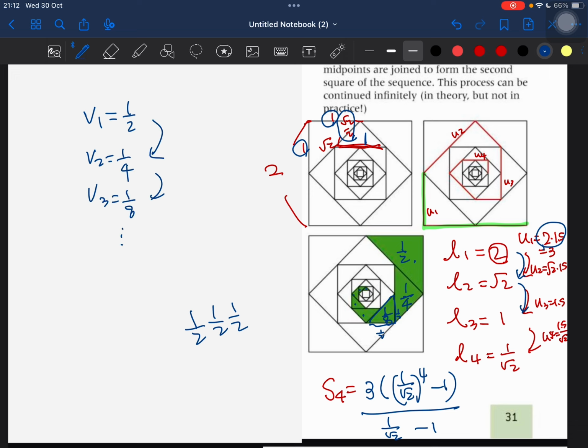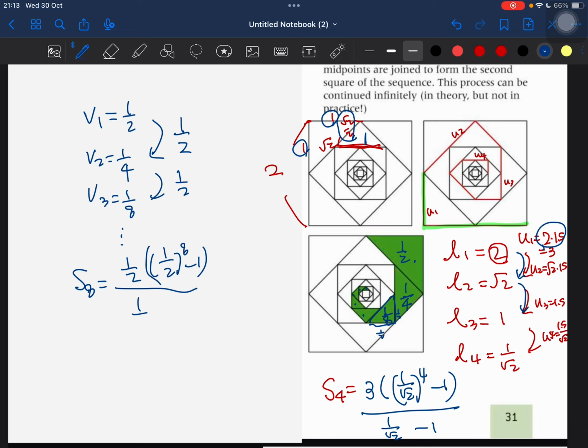So this is a geometric sequence whose common ratio is 1 over 2. So S8: the first term is 1 over 2, and the common ratio is also 1 over 2, to the power of 8 minus 1, over 1 over 2 minus 1.